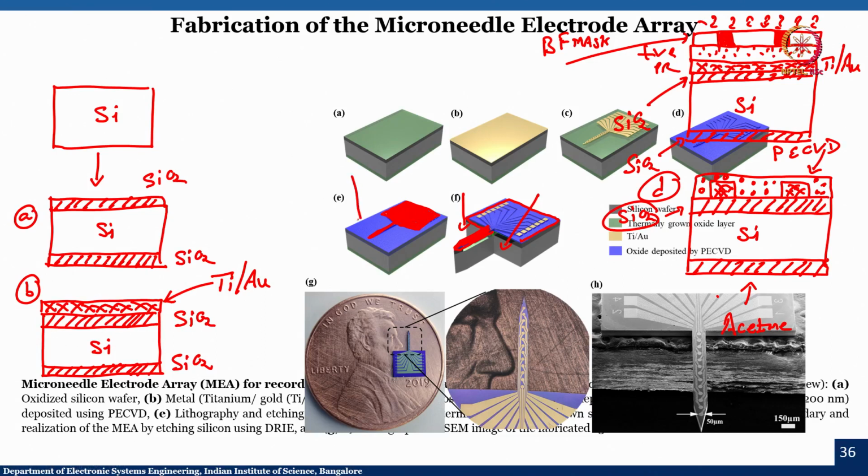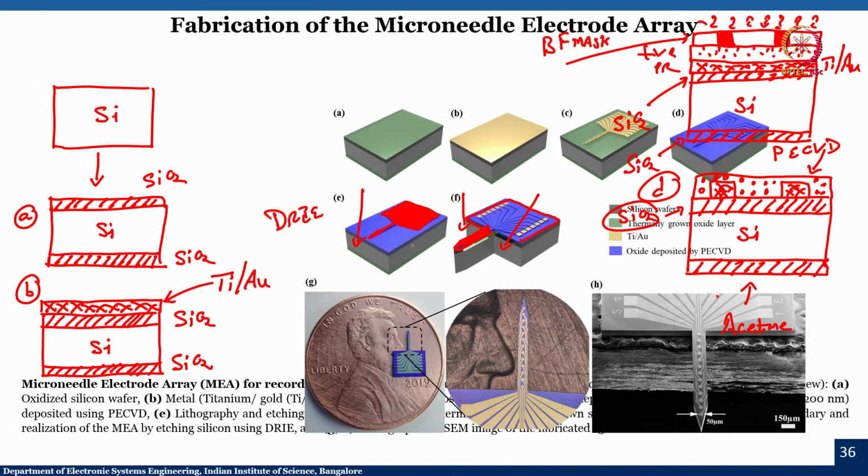Now, if the photoresist is only in this area, the next step is I will etch silicon dioxide. Silicon dioxide etching can be done using RIE, reactive ion etching, or using BHF, buffered hydrofluoric acid. If I do that, then I can expose my silicon, isn't it? The next step is I will use DRIE. Once SiO2 is removed, I will go for DRIE, deep reactive ion etching.